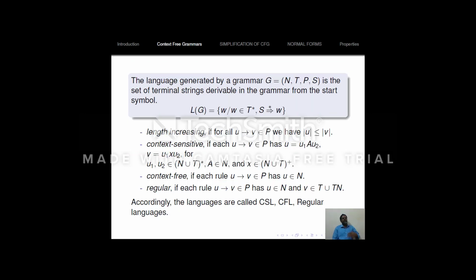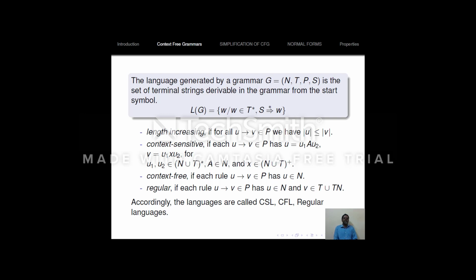So now, having given this discussion on the grammar, G is equal to N, T, P, S, what is the purpose? How do you get the language generated by a grammar? It is the set of terminal strings derivable in the grammar from the start symbol.